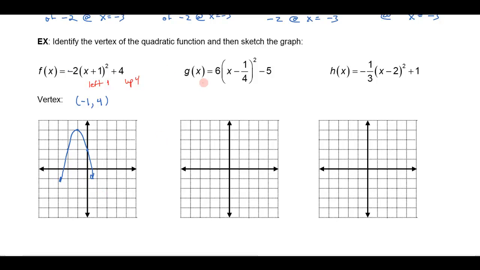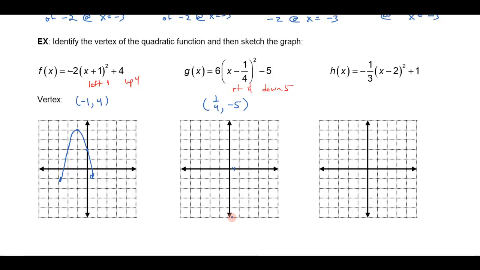Okay, this one here, I can tell that this is going to go to the right a quarter and down 5. So I know that the vertex is going to be 1/4 to the right and then negative 5. So this is going to look like this, 1/4, so this would be a half, and a quarter would be right here, and then down 5 puts me right down here.